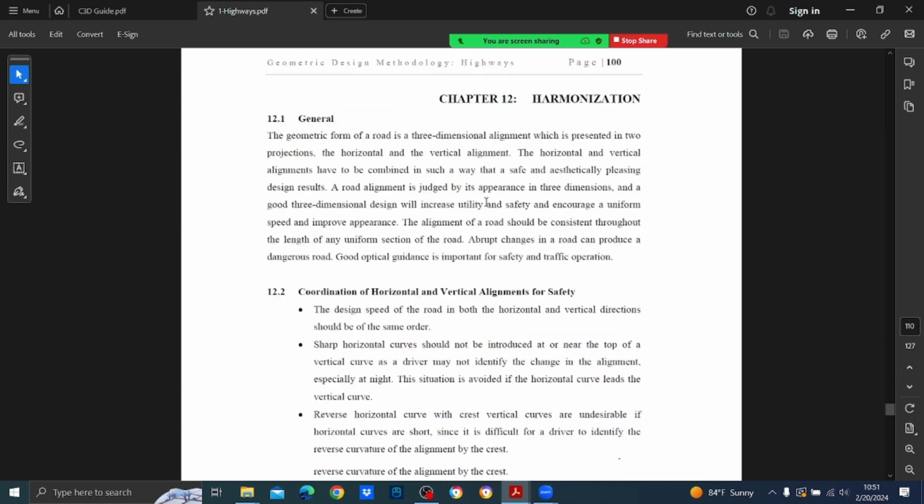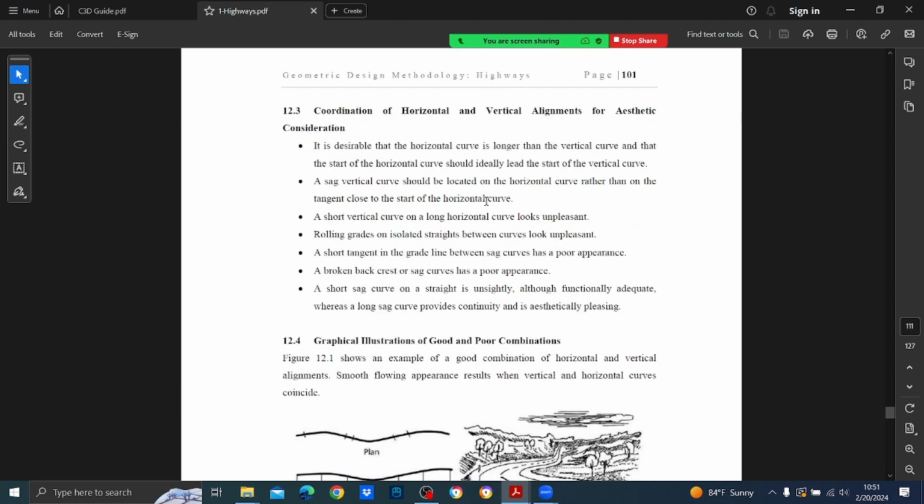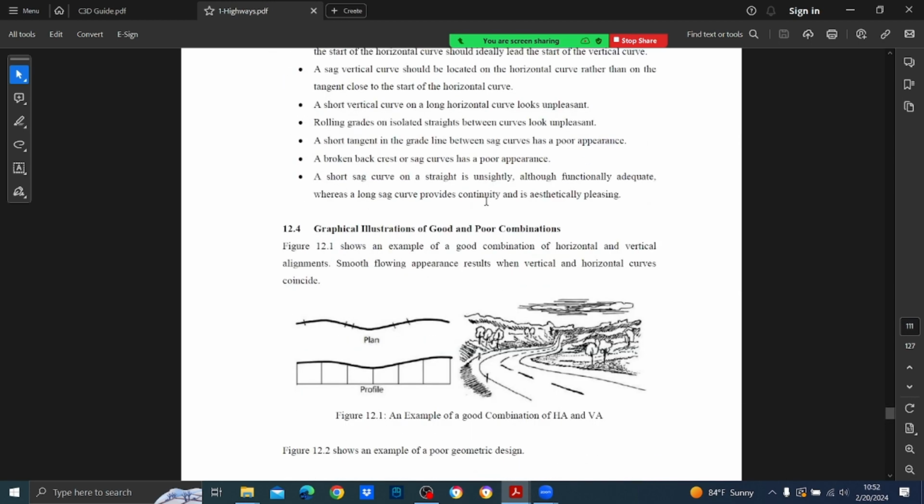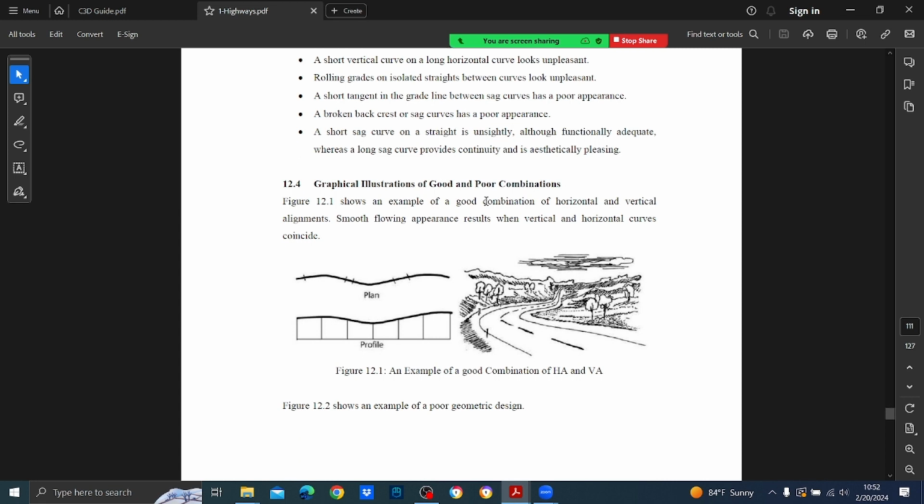And finally, the harmonization. It is at the end of the vertical alignment. So at the end of the design, of course, horizontal alignment and vertical alignment are two projections of the same road. Okay, horizontal alignment is projection to the horizontal plane, vertical alignment is projection to the vertical plane. Finally, it's the same road.